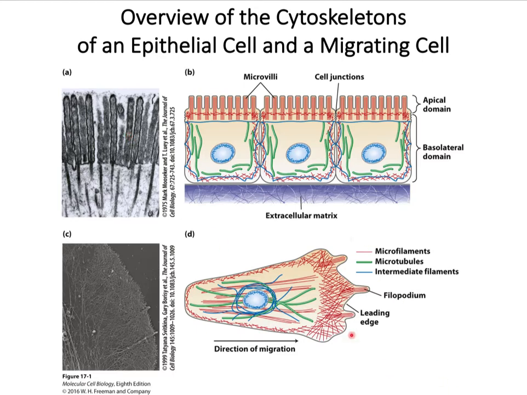At the bottom is a migrating macrophage, which is one type of white blood cell moved into the tissues. And we have talked about this phagocytic cell a lot of times. They do have a complex array of actin microfilaments at the leading edge for the process of chemotaxis and phagocytosis, to pursue, capture, and destroy infectious agents or old cells.